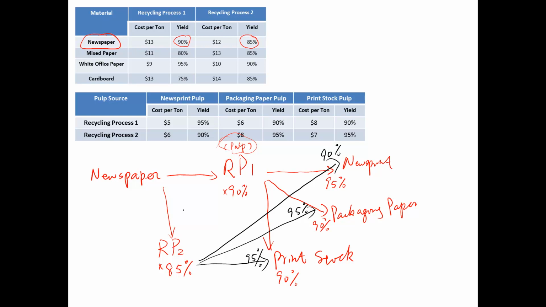And we can do the same for the mixed paper, white office paper, and cardboard using the same destination points and the transshipment nodes.